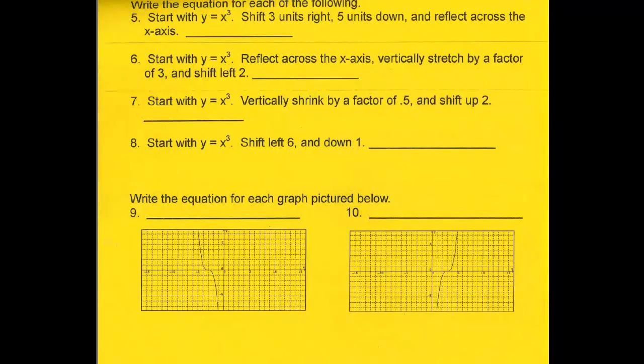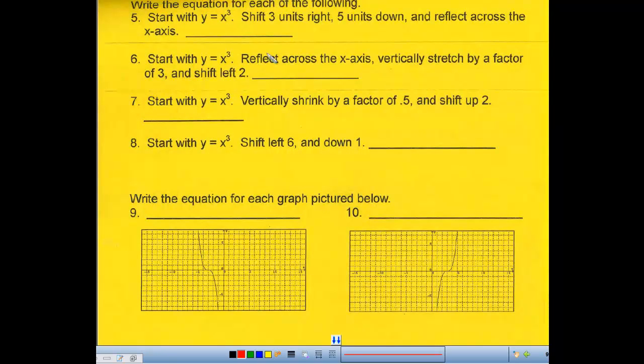Now let's look at 5. Starting with the parent function y equals x cubed, shift 3 units to the right. So that's going to be a -3 underneath there. So x minus 3 in parentheses. 5 units down, and reflect across the x-axis.